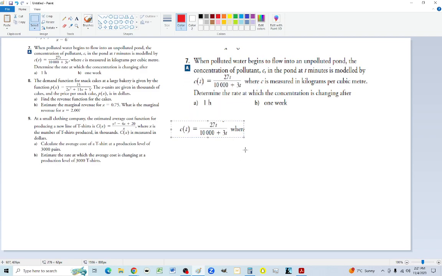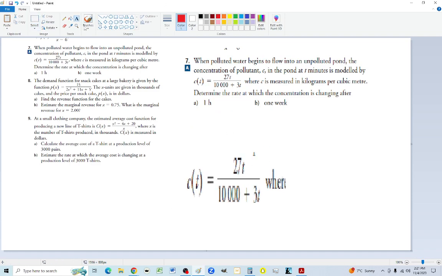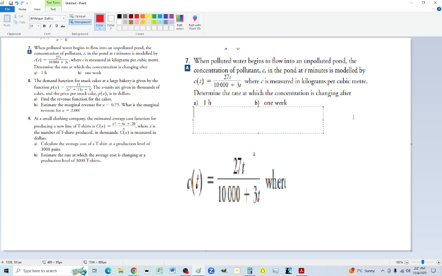So since t is supposed to be measured in minutes, and neither of these are minutes, we should convert them to minutes because the equation accounts for minutes. So 1 hour is equal to 60 minutes, and 1 week is equal to 7 days times 24 hours times 60 minutes.